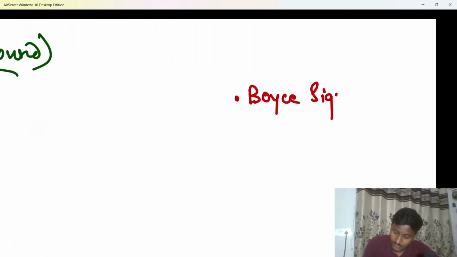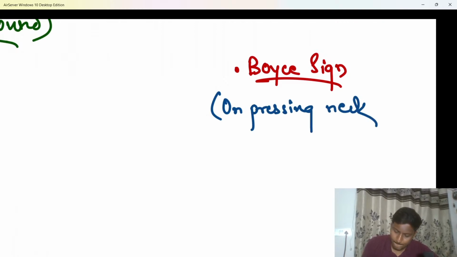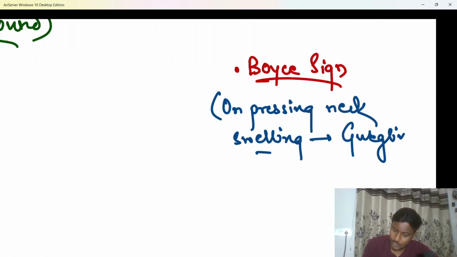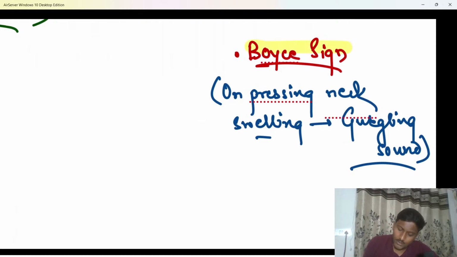So the Boyce sign is nothing but, on pressing the neck swelling, which kind of a sound? Hissing or gurgling? There will be a gurgling sound, and that is due to escape of air or fluid, from the outpouching of the pharynx or the esophagus.